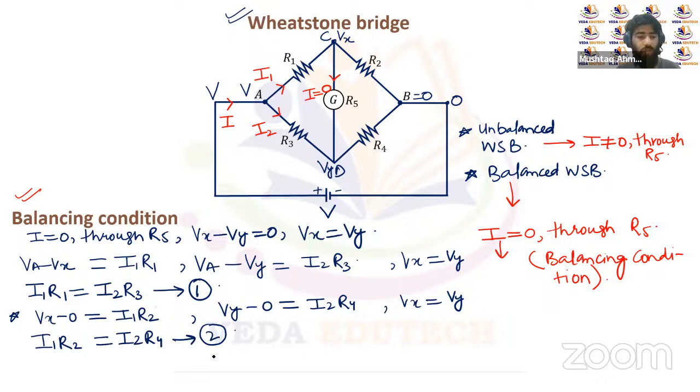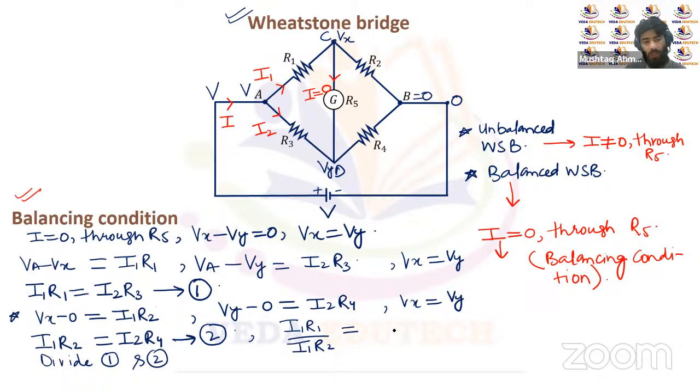Now look at the two equations, equation first and equation second. We can just divide equation first by second. We get I1 R1 upon I1 R2 equal to I2 R3 upon I2 R4.